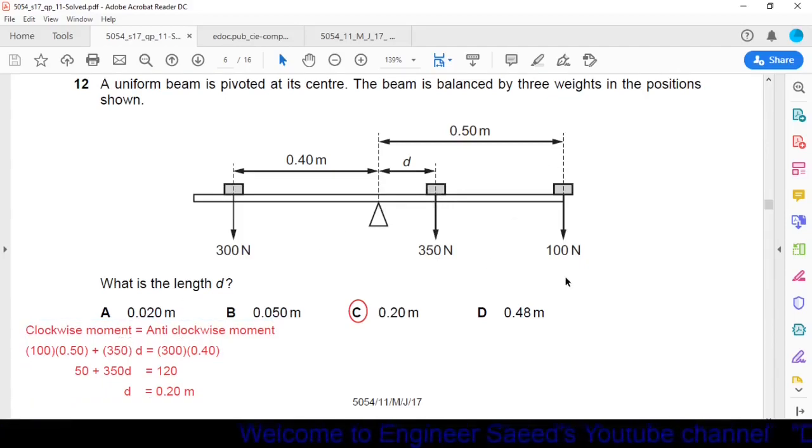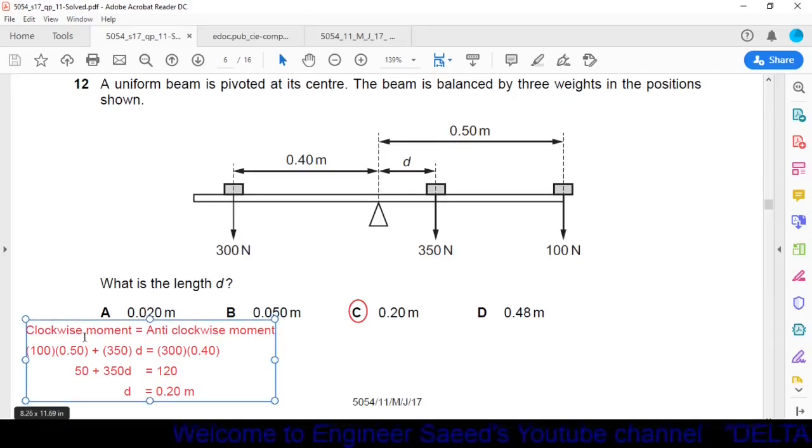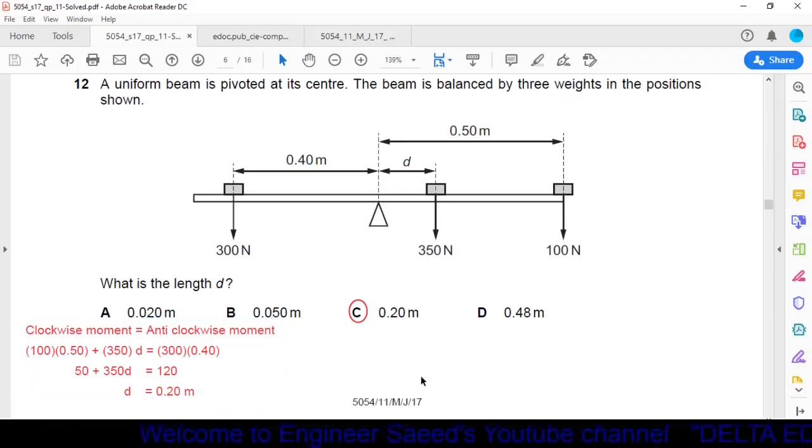And the moment because of this 100 Newton force will be equal to 100 multiplied by this distance, that is given as 0.5 meter. So it is 100 multiplied by 0.5, and by solving this we will get d equal to 0.2 meter. Now 0.2 meter is given in option C, so option C is the correct one.